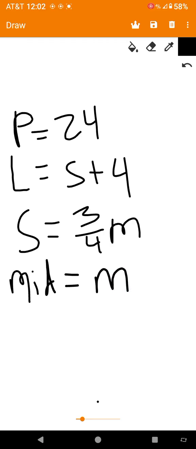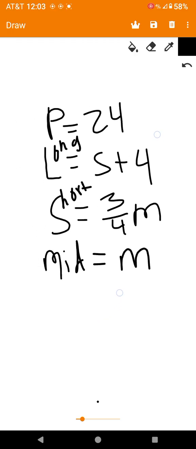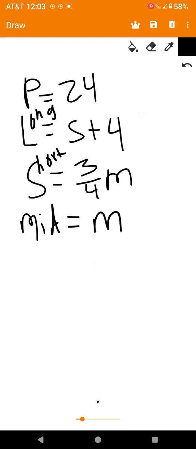So we have the long side, which is 4 inches longer than the shortest side. Then we have the short side, which is 3/4 the length of the middle side. Then we have the middle side, which is equal to M. And all of these added together, since it's perimeter, we know perimeter is when you add up all the sides together.